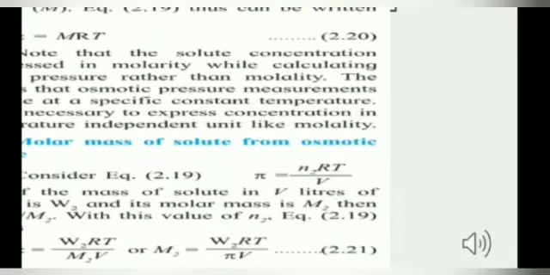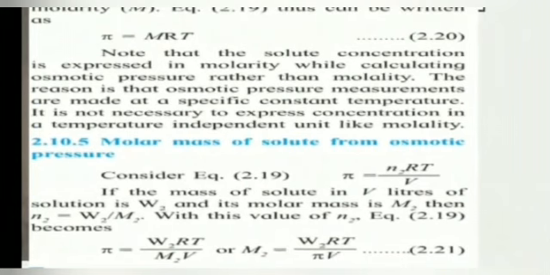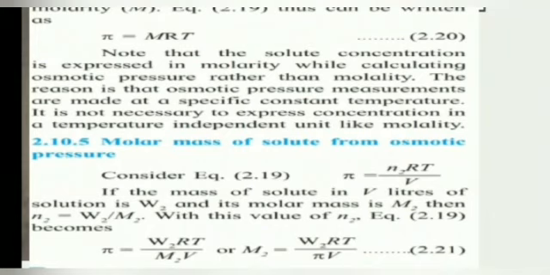Then n2 will be equal to W2 upon M2. Putting this value, we get pi equals W2 RT upon M2 V, or M2 equals W2 RT upon pi V. From this we can calculate the molar mass of the solute.